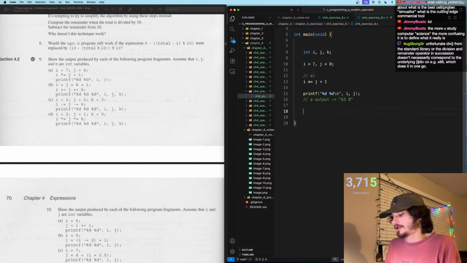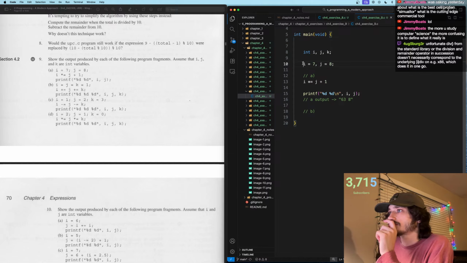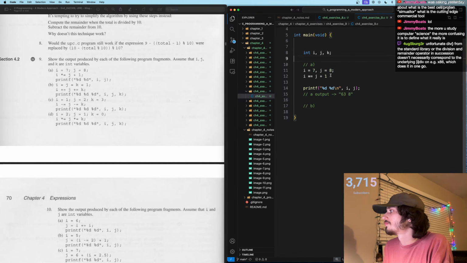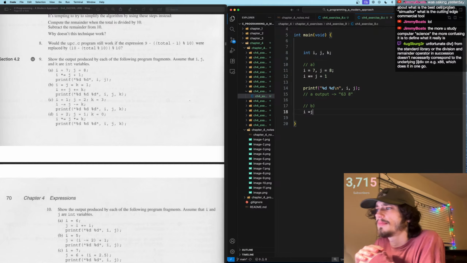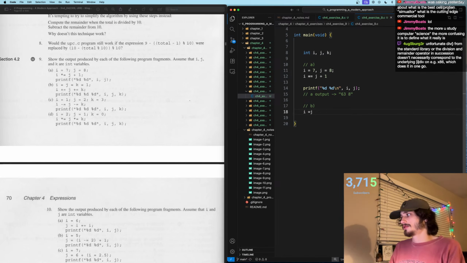Okay, let's try B. This is going to be a part of A as well. So B, we're going to assign i is equal to j. Oh, yeah, i is equal to j, which is equal to k, which is equal to 1.